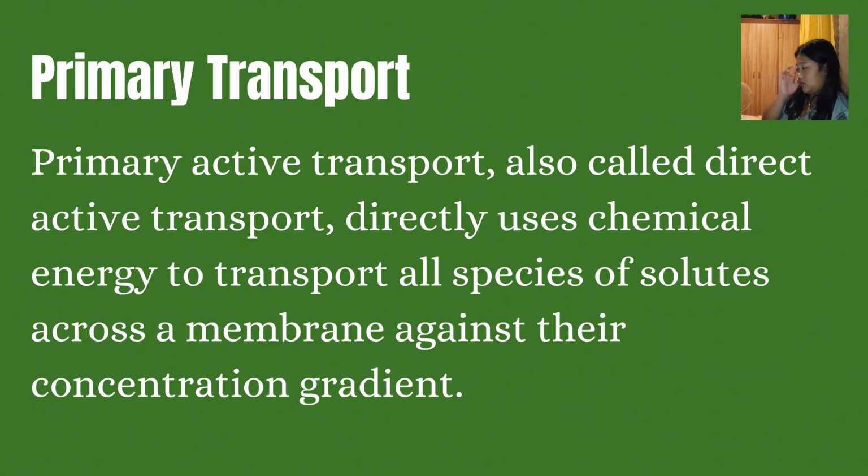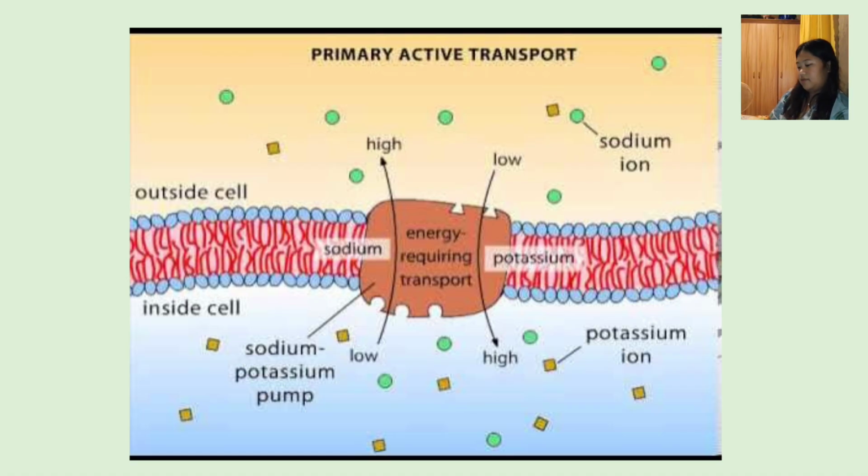So this says it's direct. Primary transport is direct. It's directly using the chemical energy to transport the species needed, like we see in the picture here. It always goes from low to high. It can start from inside of the cell or outside of the cell, like we see in the picture.